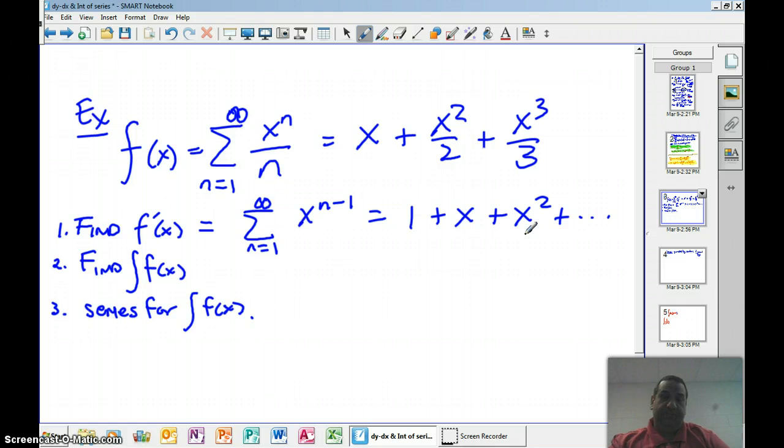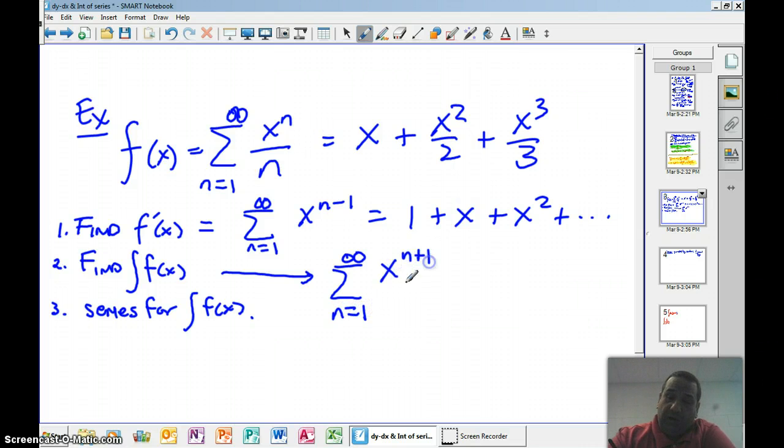So you could take it of the whole general format, or you can take it of each term. The integral, however, if I want to take the integral, it's just going to look like this. I add 1 and divide by the same thing, so it's going to be x to the n plus 1 all over n times n plus 1, and then I'll add c to that. Usually we put the c on the outside.